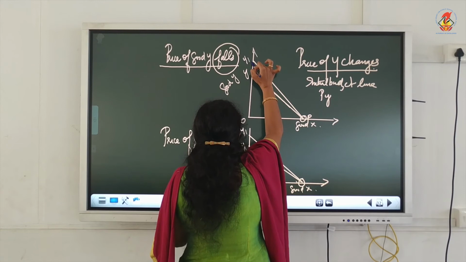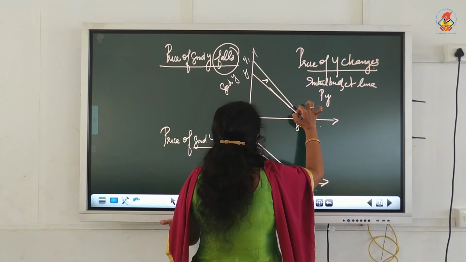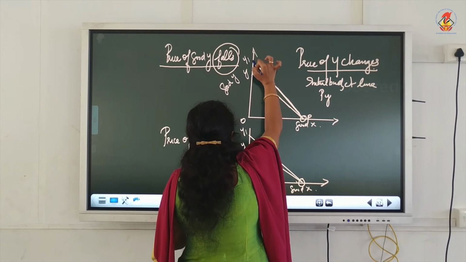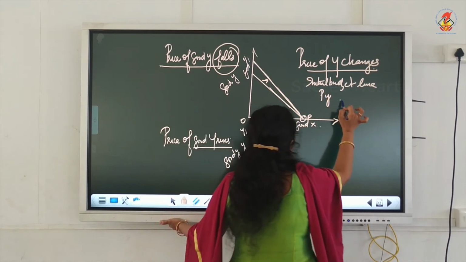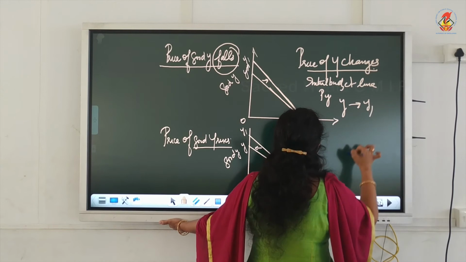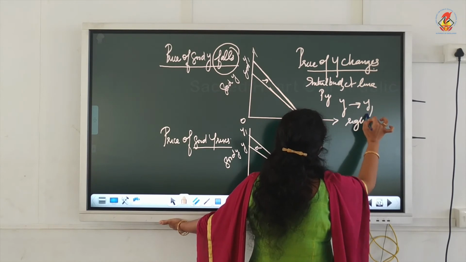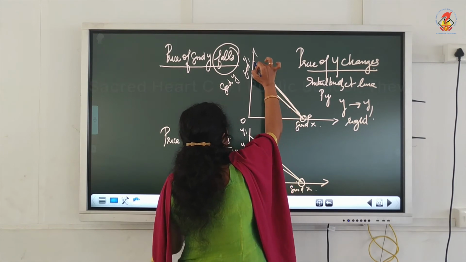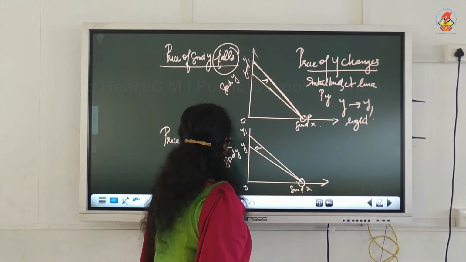Therefore, concentrating on y, the budget line will shift to this side. That means y has increased from y to y1. The budget line has shifted to the right, concentrating on y.